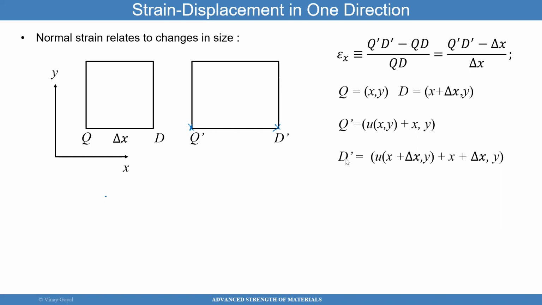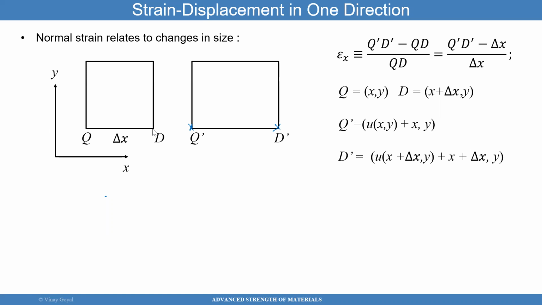So if I look at D prime, same thing. D is here, and that location is X plus delta X. That's that location right there. And then that point moves all the way to D prime. So that makes sense that I have an X plus delta X to represent that distance there.